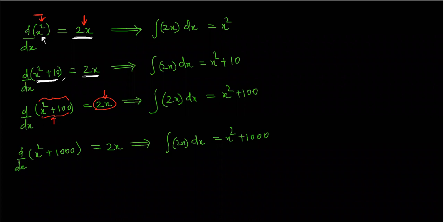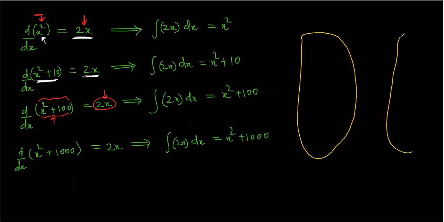So every single time when you are differentiating a function, you get a unique function. It is very important. I repeat once again, I want you all to understand. Okay, suppose I make a set. Try to understand what I'm trying to teach you all.